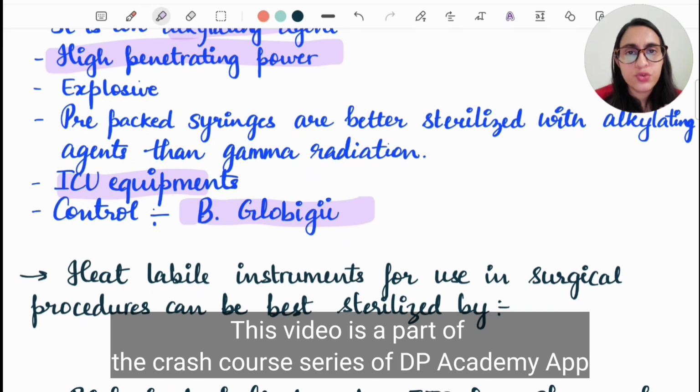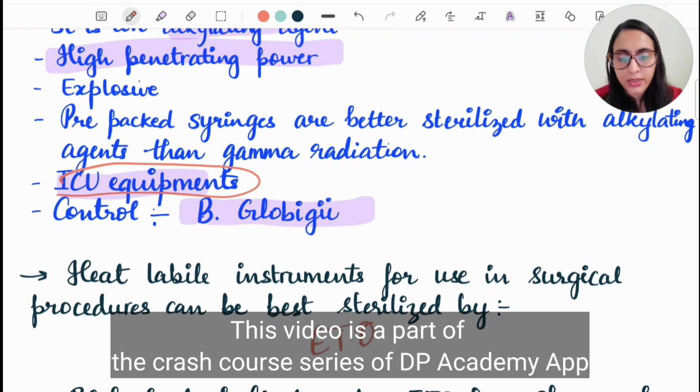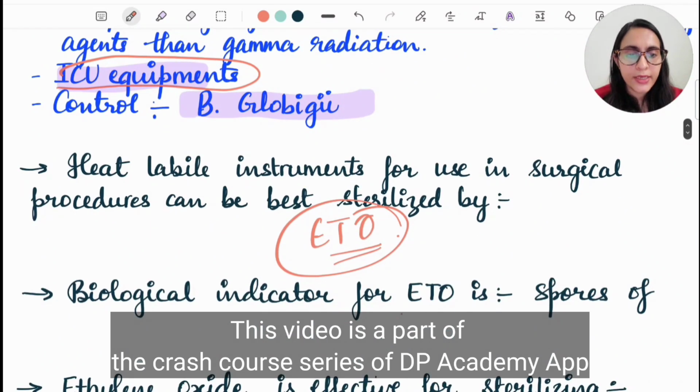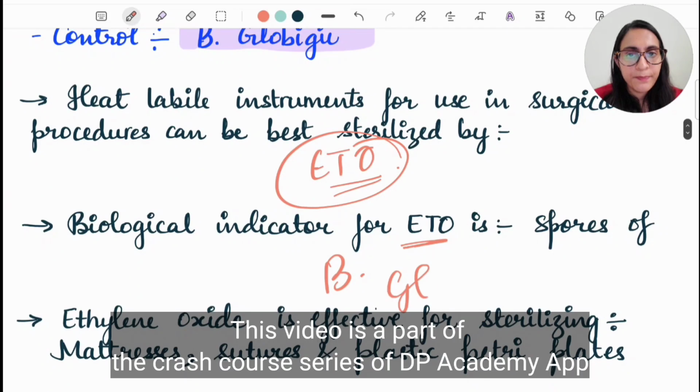These are the spores that are used to check the sterilization of heat labile instruments used in surgical procedures. So basically ICU equipments can be sterilized with ethylene oxide gas. The biological indicator for ethylene oxide is the spores of Bacillus globigii.